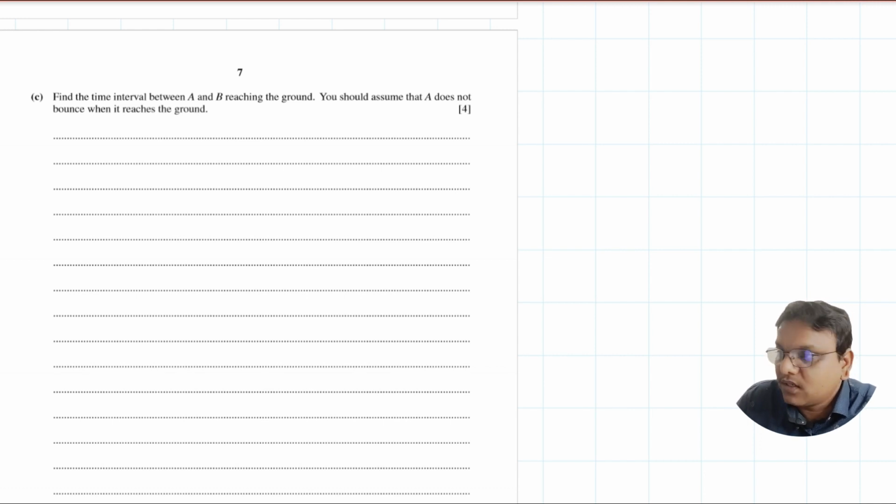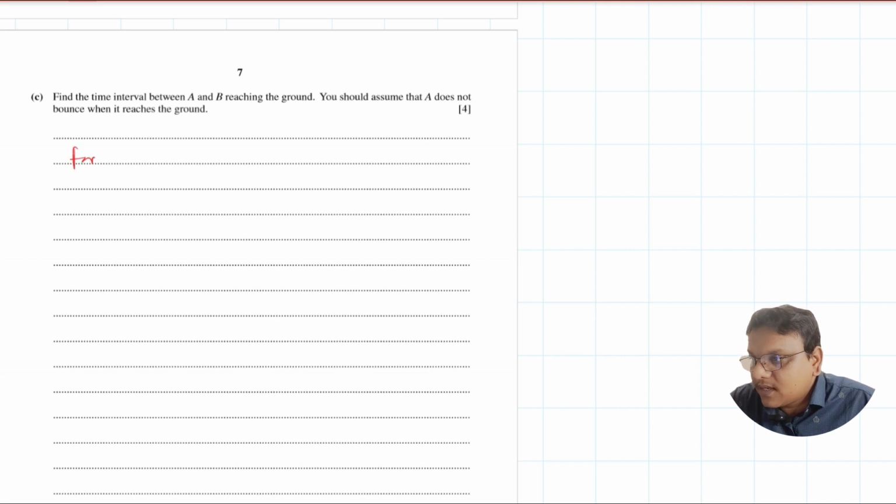They'll reach the ground, but there won't be any bounce back. So if I try to find it for each individual, this is for particle A, and this is for particle B.